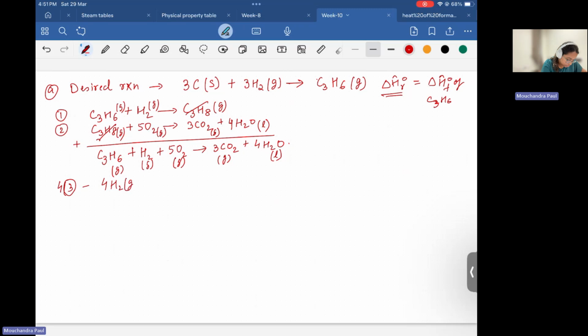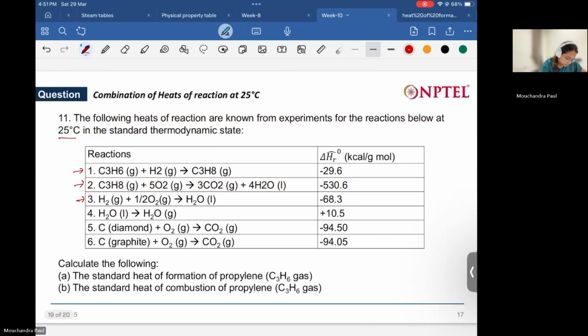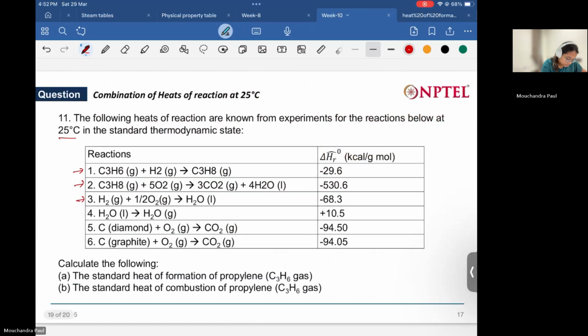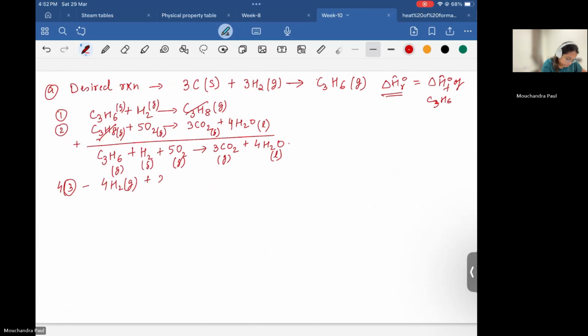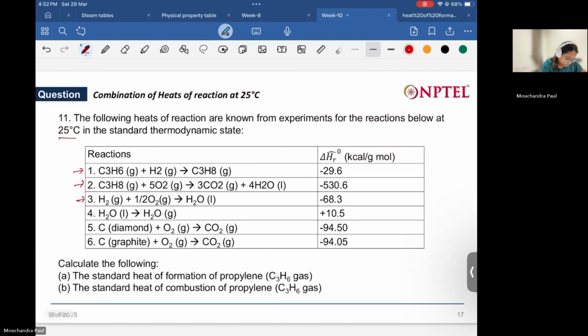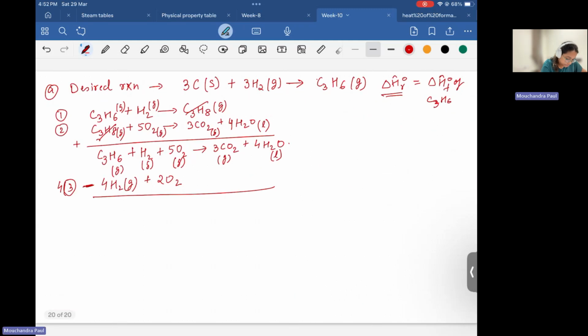what you would get is 4H2 gas plus 2O2, here there is subtraction, okay, gives 4H2O in liquid state.